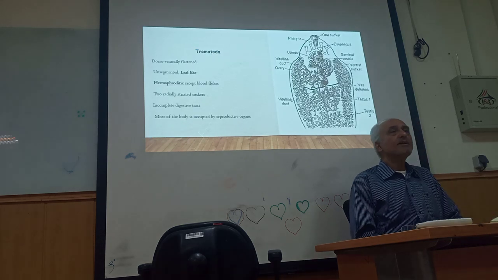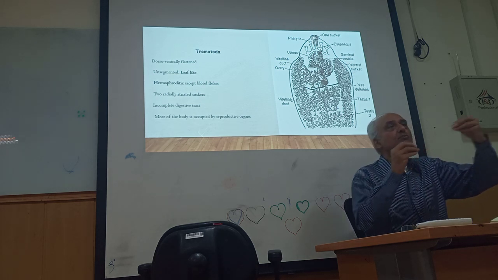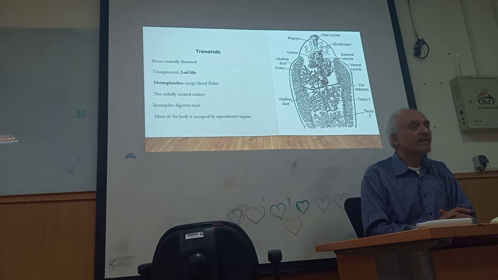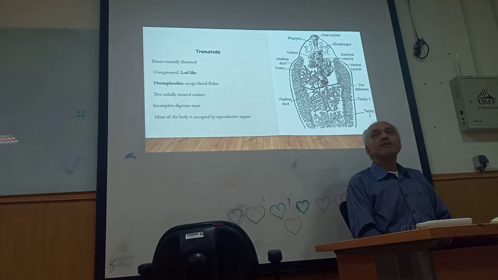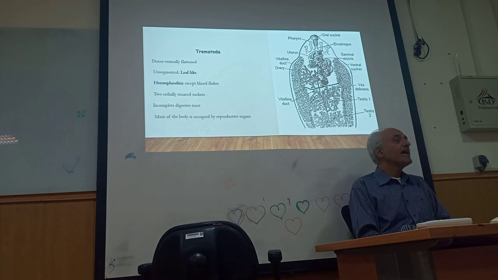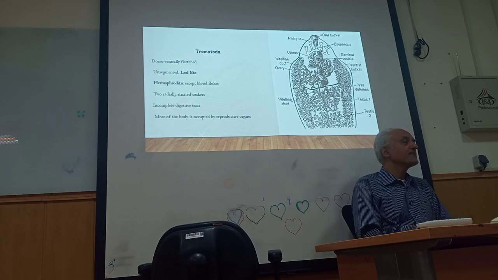Okay, trematodes are dorsoventrally flattened. They are not tube-like. They are something like a leaf. And they have an oral sucker, they have a ventral sucker, and you can see here the unsegmented hermaphrodite. Males and females are not separated.